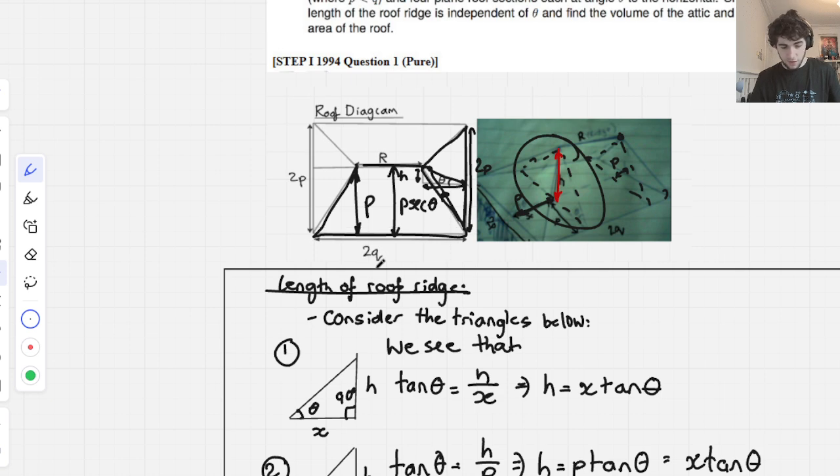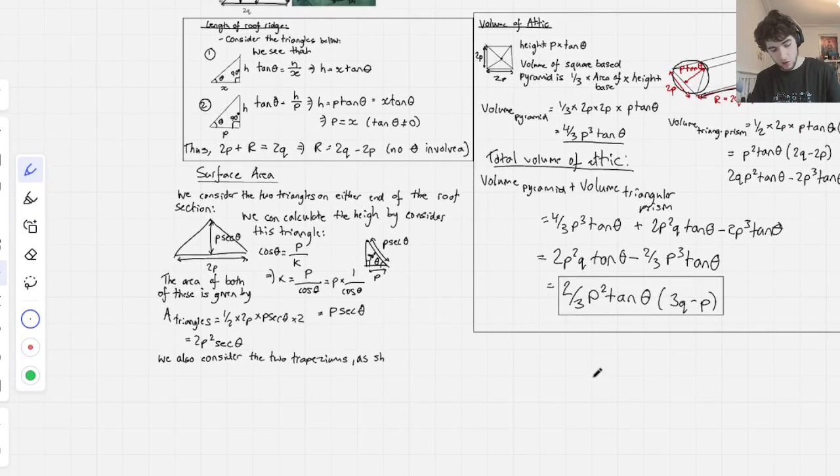And so effectively, we also consider the two trapeziums, as shown below. So we obviously have these two trapezium faces here. Sorry about that, I'm not actually showing this properly. And so we obviously have that this length here is going to be our 2q.